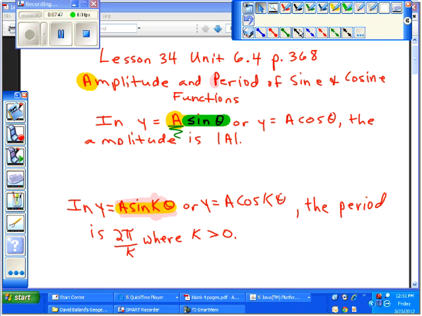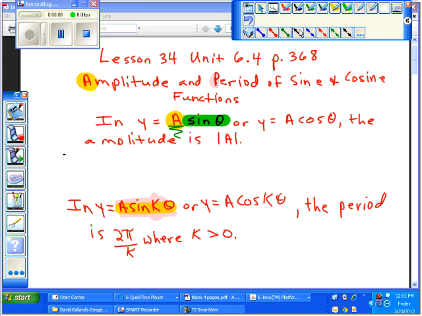Oh, that's where I meant to be. Wow, that was weird. Interesting. Yeah, we're on number 7. That's where we're supposed to be. Sorry. It says state the amplitude for each function, then graph each function. That's better. I was getting ahead of myself there.